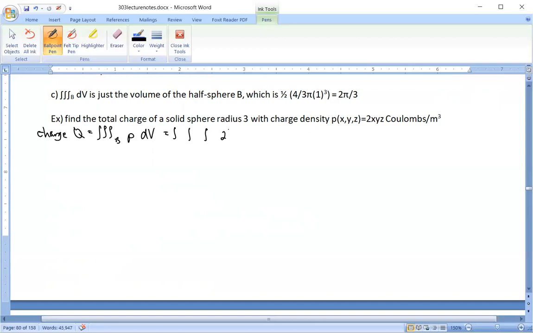We know that x equals r sine phi cos theta, and y is r sine phi sine theta, and we know that z is r cos phi.